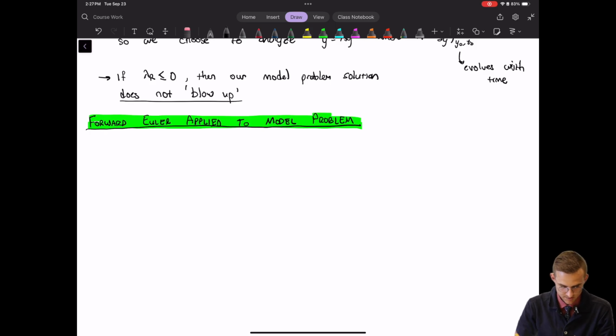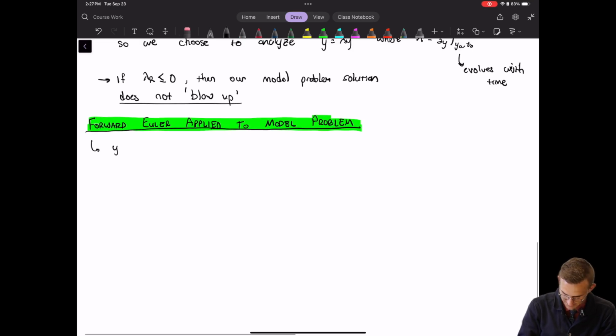Let's say that our overall equation that we're trying to solve is the following: y prime is equal to lambda y. That's the model problem.